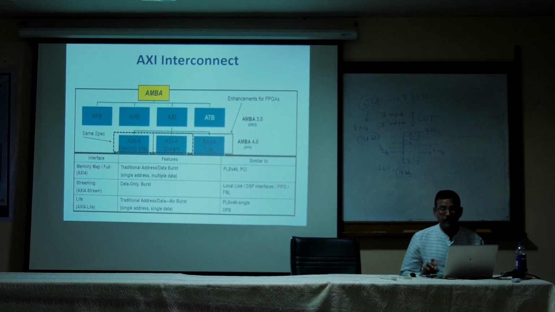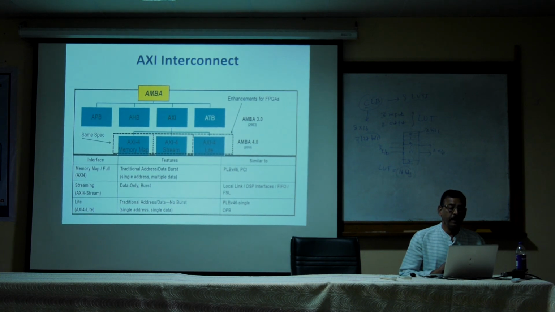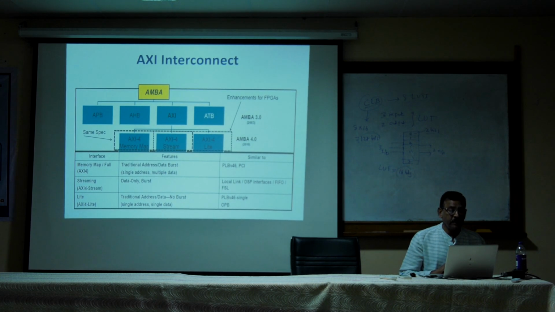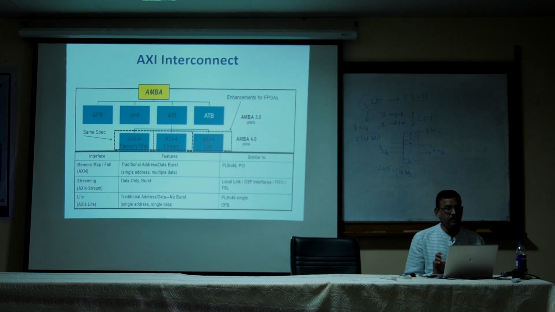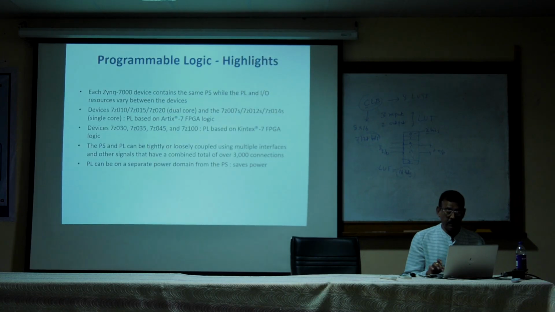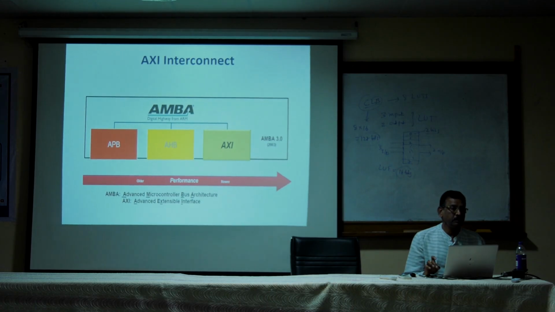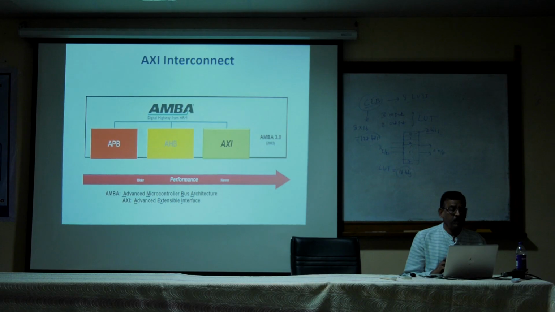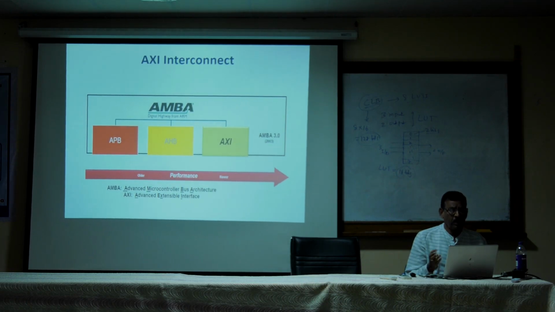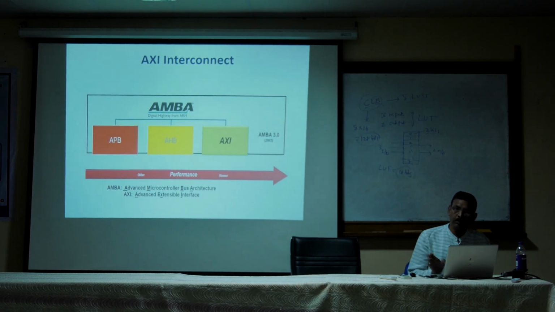Just see this, and I'll quickly close it. AXI interconnects AMBA: APB, AHB, AXI, ATB. In AXI there are again three categories. What is AXI? As I told you, this is the Advanced eXtensible Interface. APB is the Advanced Peripheral Bus, or AMBA peripheral bus. What is APB? Peripheral bus only.